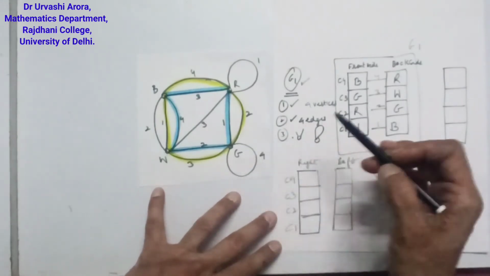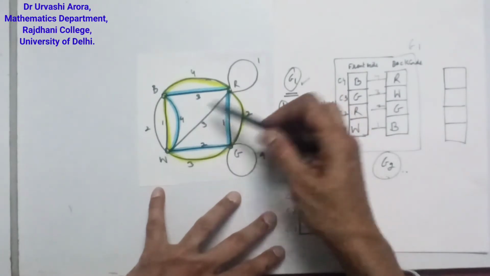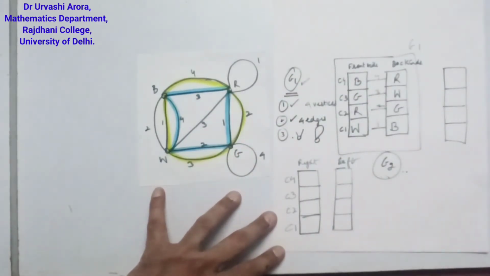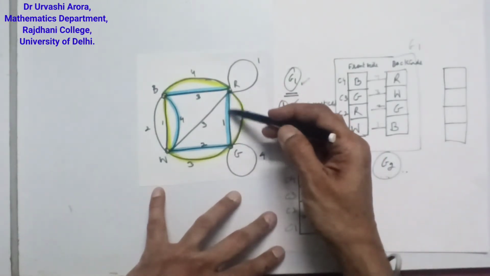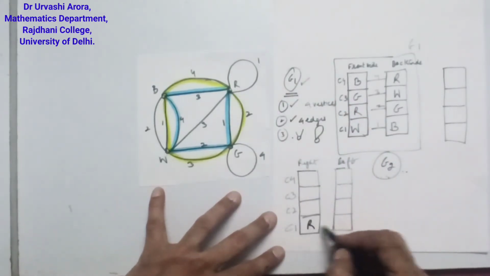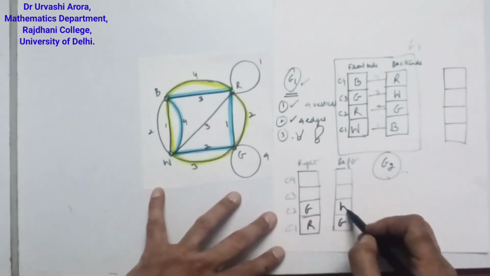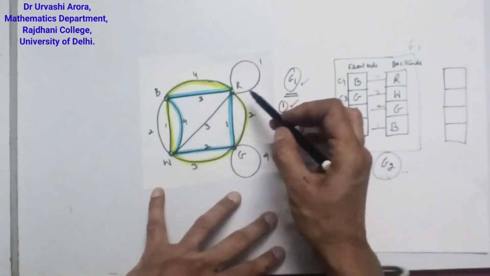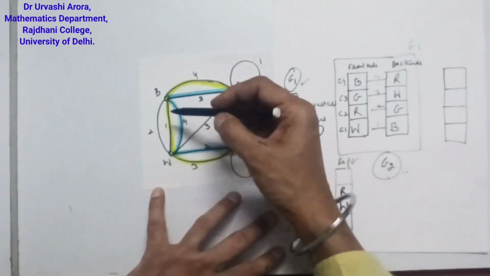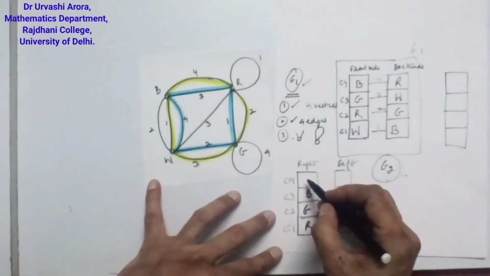The colors are given by just taking the end points of the edges of this particular subgraph G2. In G2 you have this edge 1, which joins R and G. Then 2 which joins G and W, and then 3 which joins B and R, and then you have 4 which joins W and B.